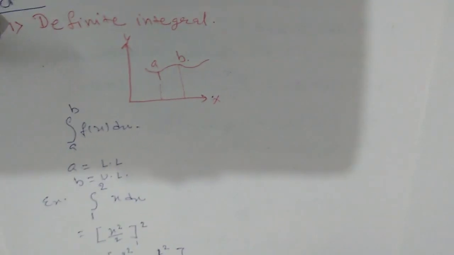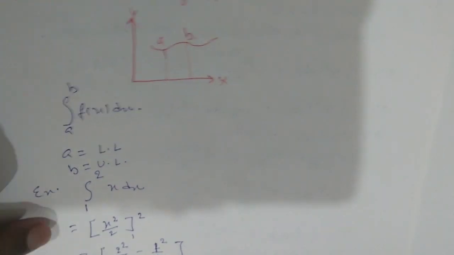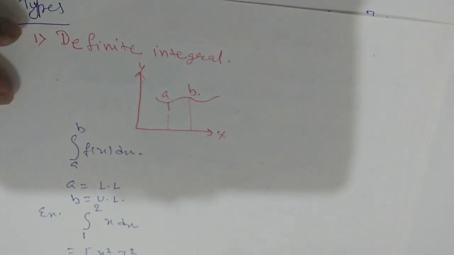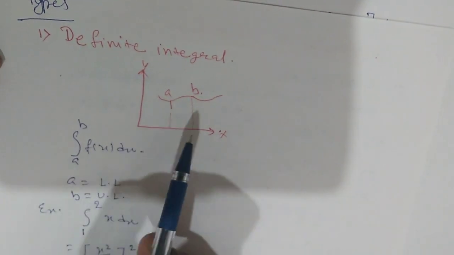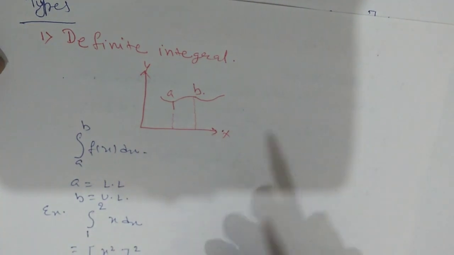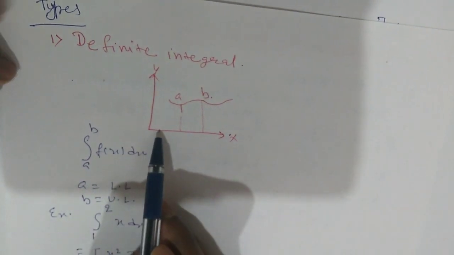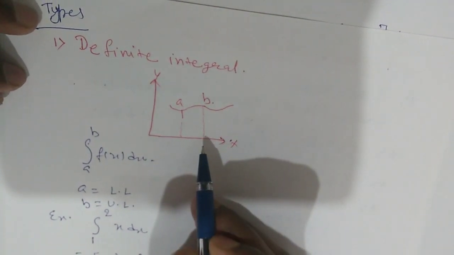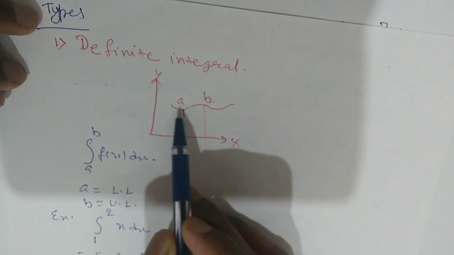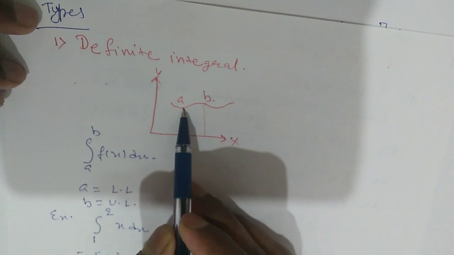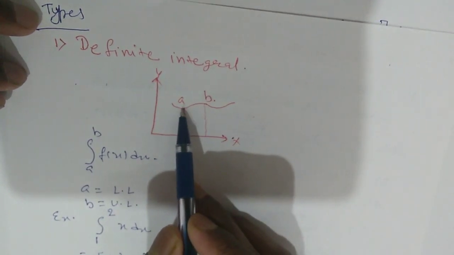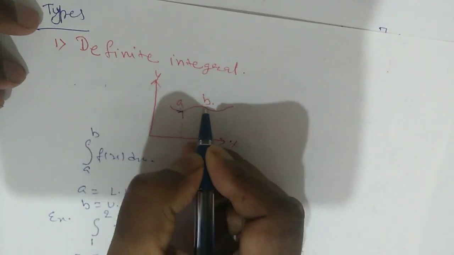Types of integration. Generally, integration has two types: definite and indefinite. In the case of definite, we provide a boundary region, where, for a given curve, we start from a and end at b, or maybe its bottom part at a and top part at b.